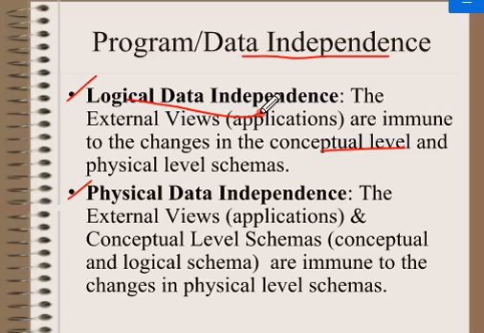Next, we have physical data independence. What is physical data independence? Physical data independence is the capacity to change the internal schema without having to change the conceptual schema. Hence, the external schema need not be changed as well.